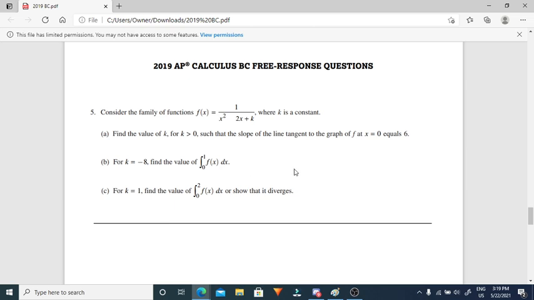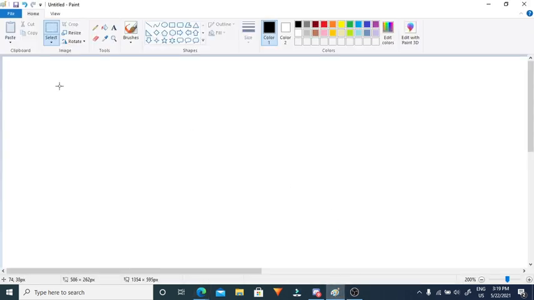And the last question. For k equals 1, find the value of the integral from 0 to 2 of f of x dx to show that it diverges. So it's going to be now f of x equals 1 over x squared minus 2x plus 1, which actually we can factor to just 1 over x minus 1 squared.